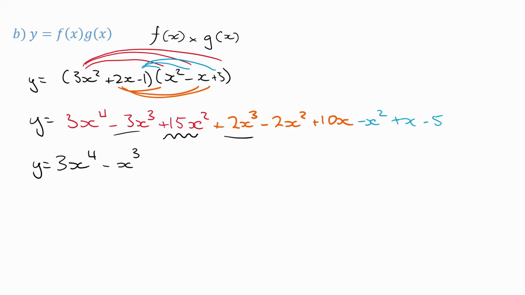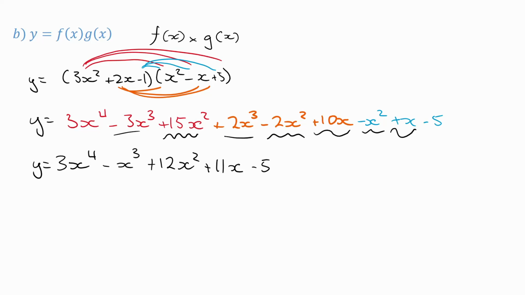We've got x squareds here, so 15x squared take away 2x squared gets me 13x squared, and then we take away one more, so we end up with 12x squared. Then we look at just our x's: 10x plus x is 11x. And our constant at the end is just minus 5.